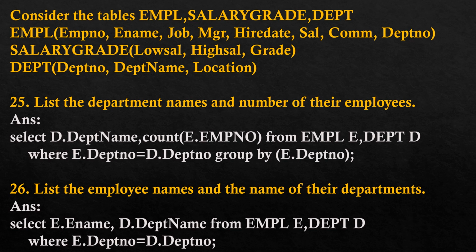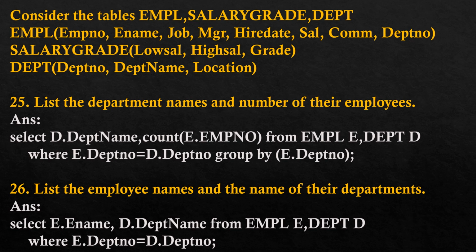The joining condition is like this: E.department number is equal to D.department number. Now group by E.department number. It will be grouped according to the departments. So this will show you the department names and number of employees in that particular department.